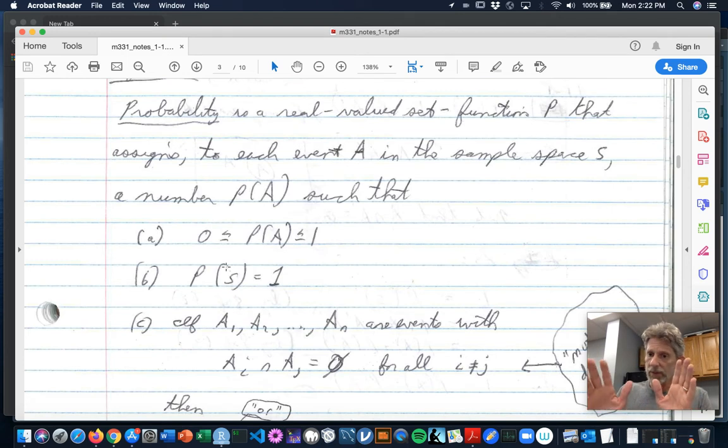But I want you to stop and think about this. P is actually a function, and its domain is not numbers. Its domain is the set of all events. So like in our example, it would be that set of 2 to the 8 events. And for each one of those events, it returns a number that's the probability of that event, okay?